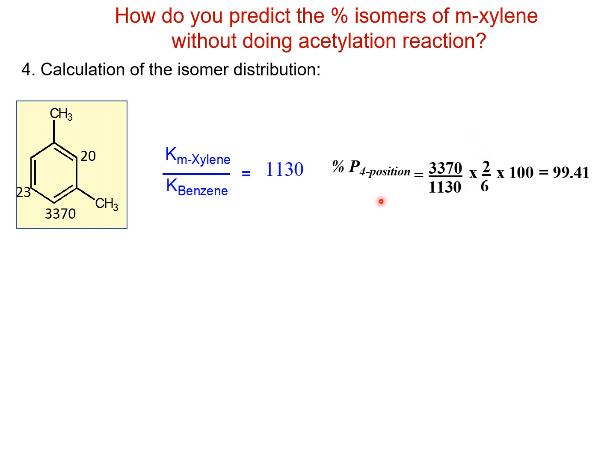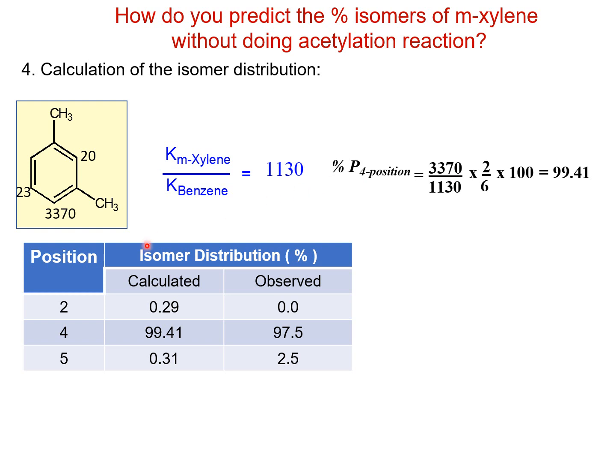For example, for the fourth position, which is equivalent with the sixth position, the multiplication factor is 2 by 6 because two positions we are comparing with the sixth position of benzene, and into 100 it gives the percent isomer of the fourth position as 99.41.